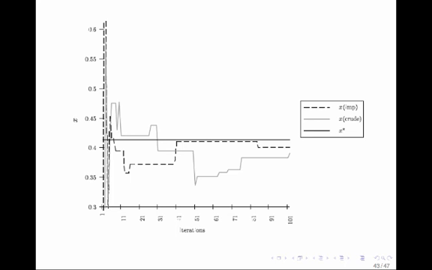The dark line is the true optimum, so it's something around 0.415. The crude Monte Carlo is a light gray line, and the important sampling-based solution is the dashed line.